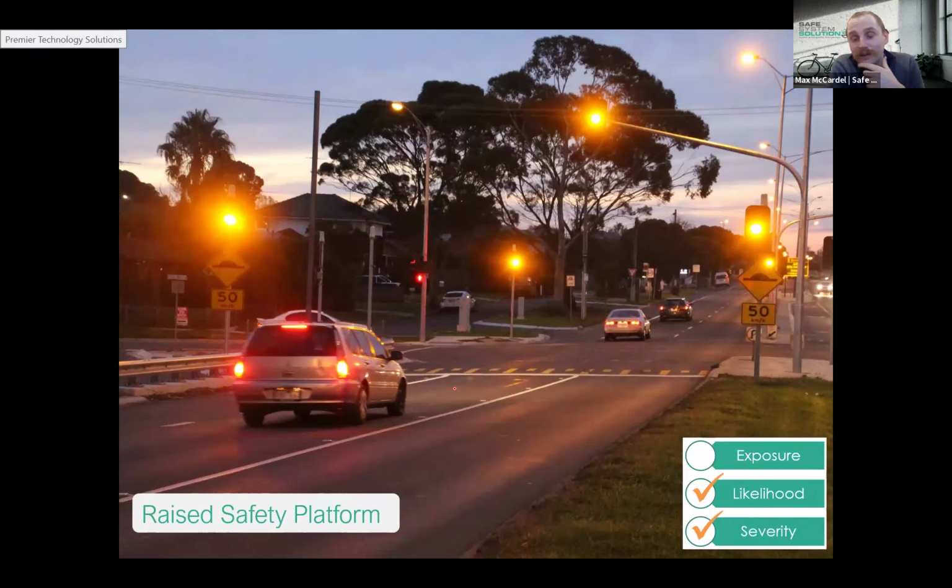Am I going to run the red light, etc. With the raised safety platforms, this vehicle has already got their foot on the brake. So it significantly reduces the dilemma zone because it's easier to come to a stop, because you're taking away that half a second from accelerator to brake. So there's a reduction in that dilemma zone as well, which is pretty neat.